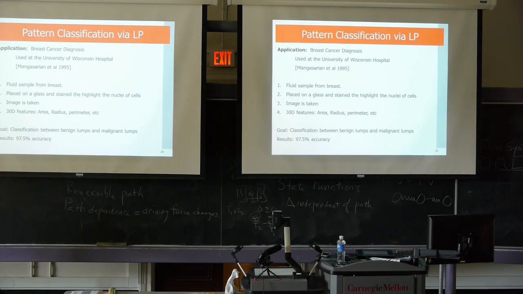Then they take images of these samples, and then you use this linear classification system to separate the two classes. One class is benign and the other is malignant. And they got 97.5% accuracy.